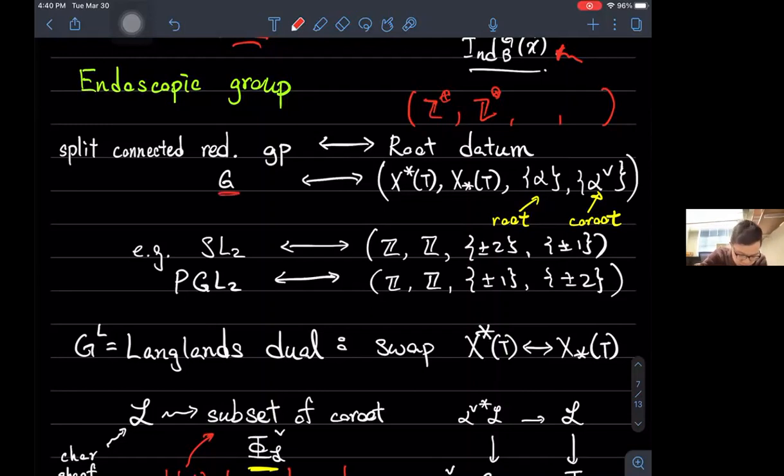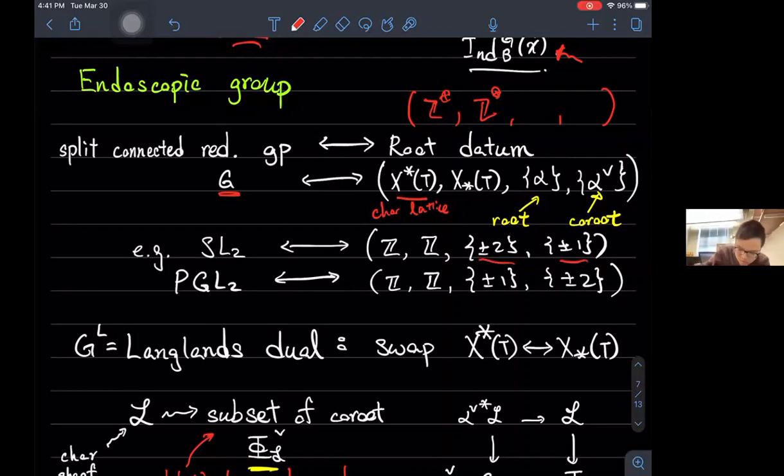And the association is constructed as follows. If you have a G, then you just take the character lattice, the cocharacter lattice, roots and coroots. So for example, if G is SL2, the torus is one-dimensional, so the character lattice and cocharacter lattice are both Z. And then the root and coroot are ±2 and ±1.